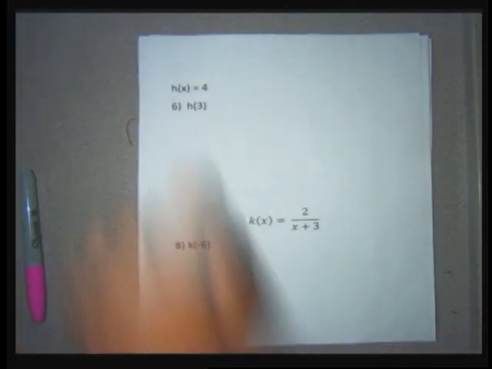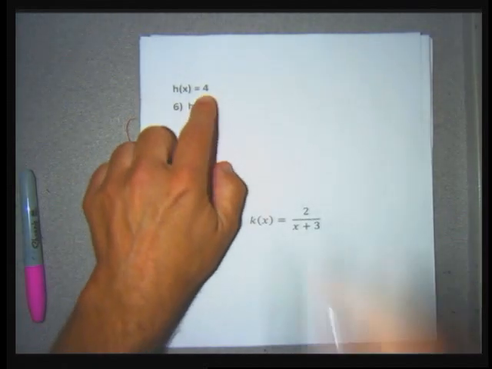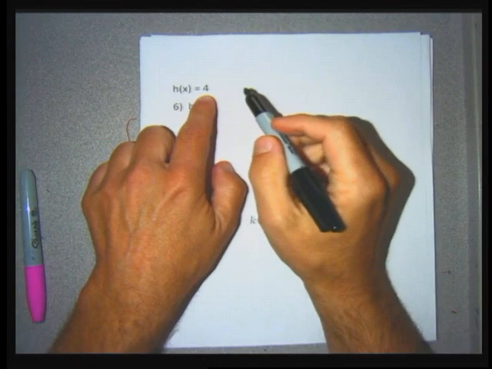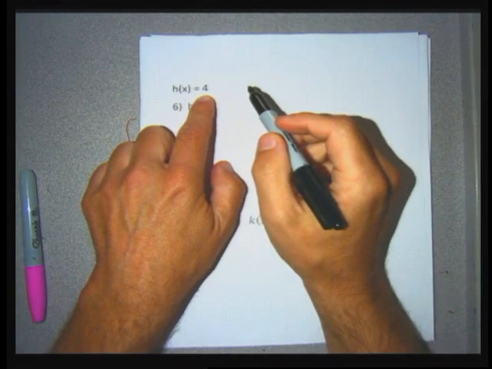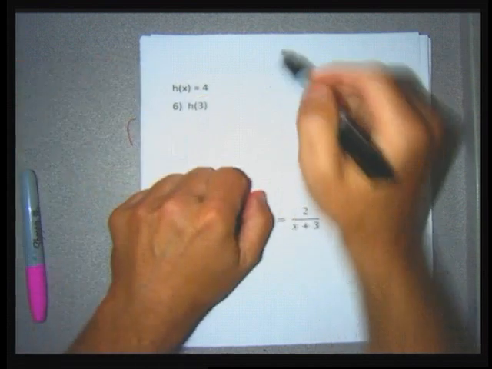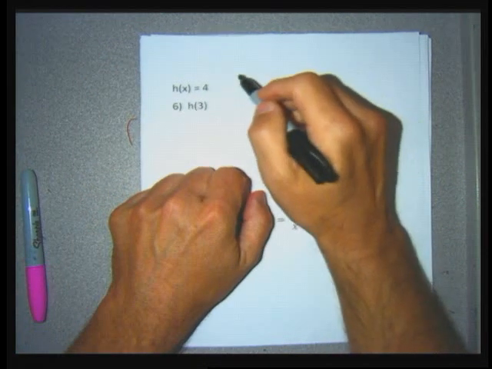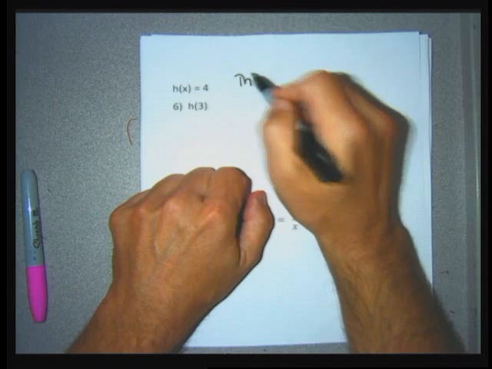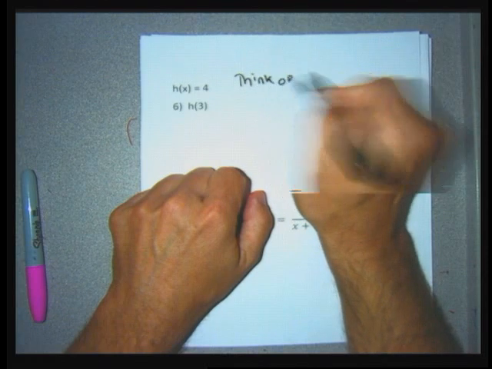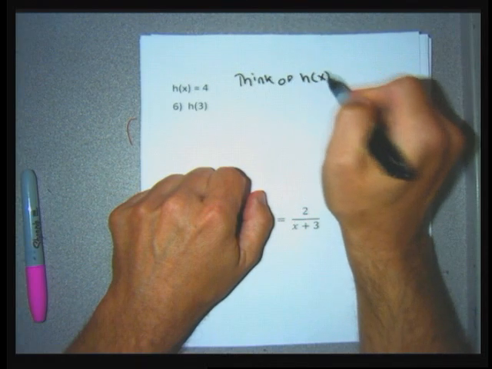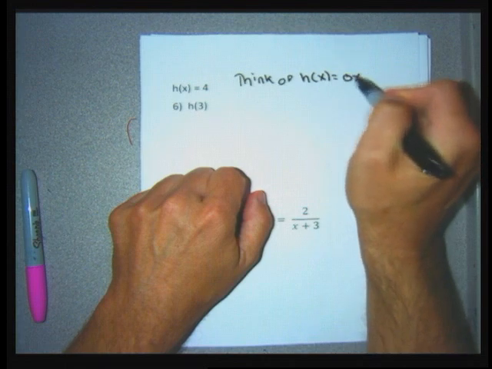So in problem 6, I need the function h. H is the only really tricky function. To do number 6, I go to the h function, and any place there's an x, I put a 3. I guess you could think of h like this. You can think of this as h of x equals 0x plus 4.